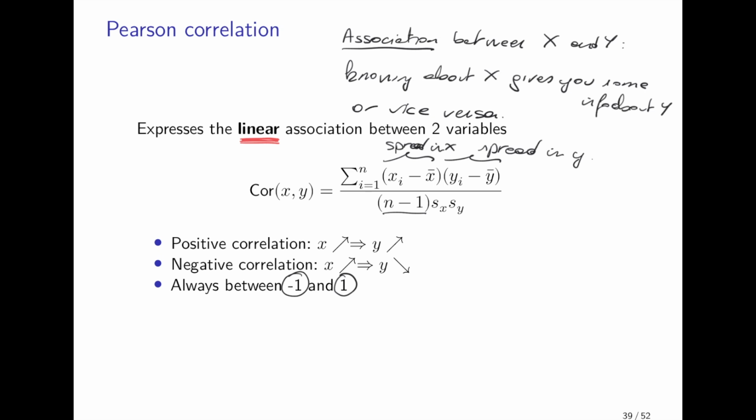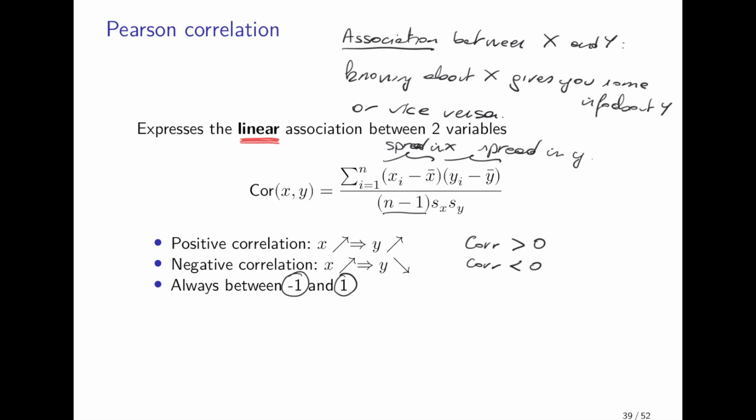Now, if you have a positive correlation, so if your correlation coefficient is bigger than 0, what does that mean? It means that as x increases, y also increases. And a negative correlation, so when the correlation coefficient is negative, it means that when x increases, y decreases.